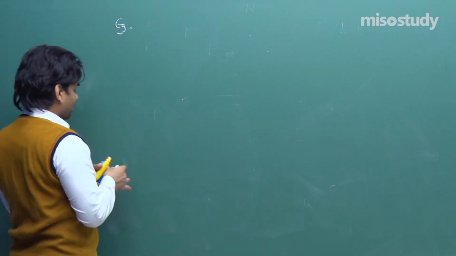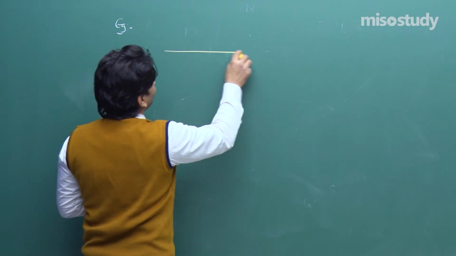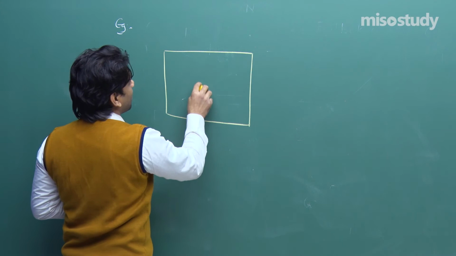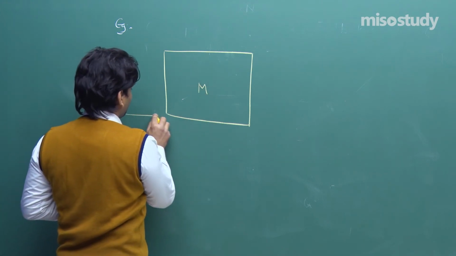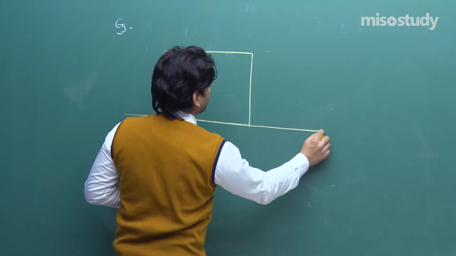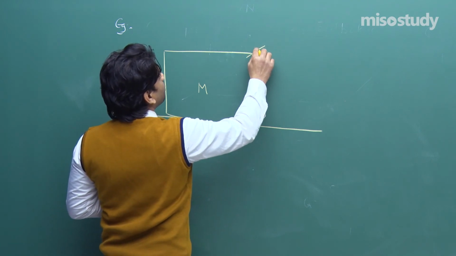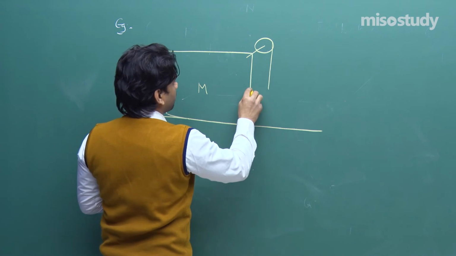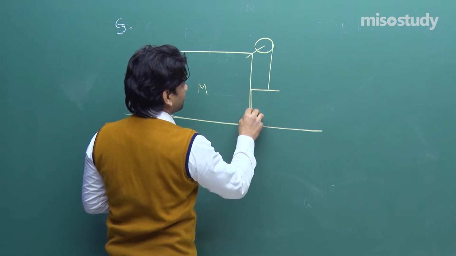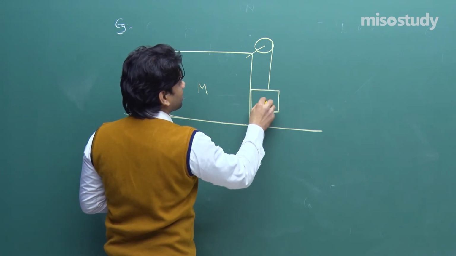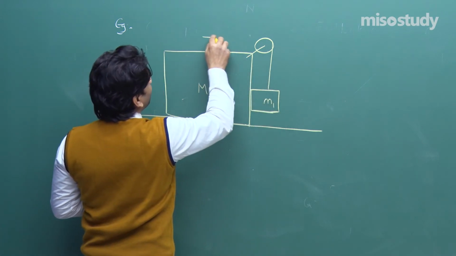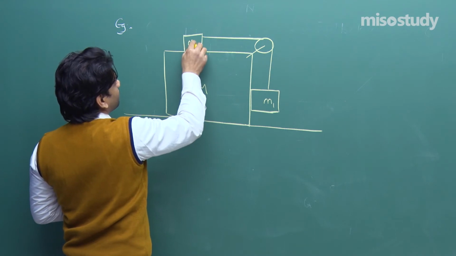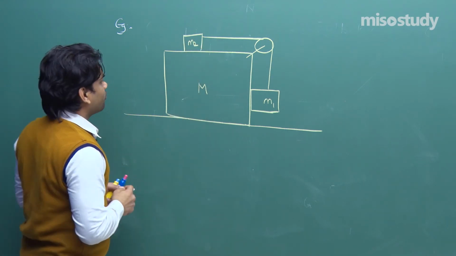We have been provided with an arrangement. Let's say we have a bigger block, its mass is capital M, on the ground. We have a pulley, a block attached here with mass M1, and a block attached here with mass M2.